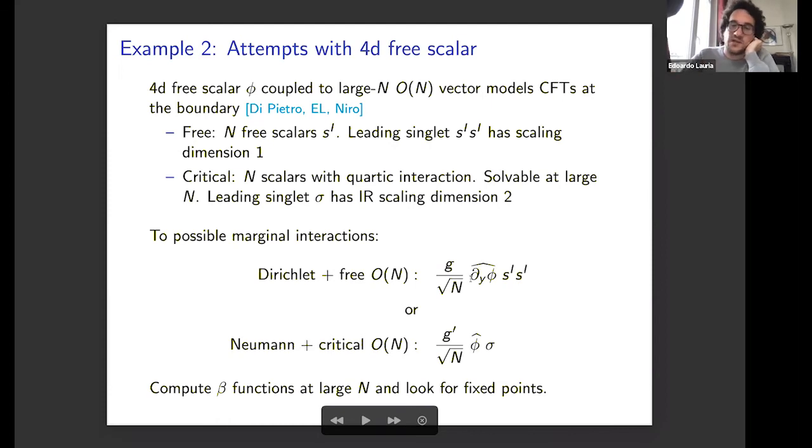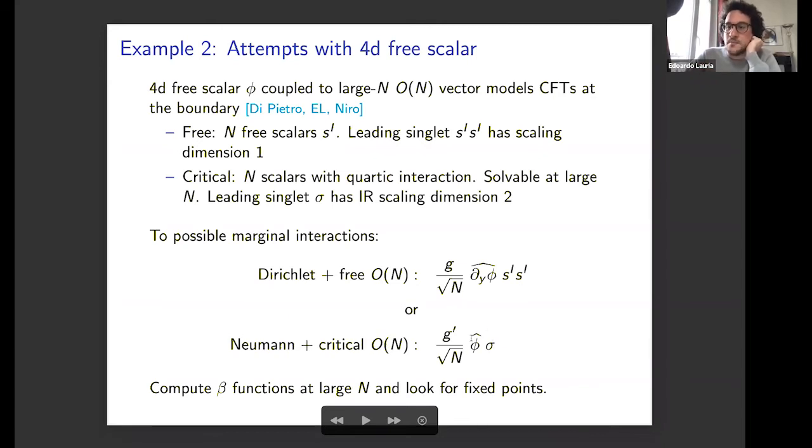This is one possibility. Another possibility is to take Neumann boundary conditions and couple these Neumann boundary conditions to the critical O(N) vector model. How? By writing down some coupling of this form. Neumann boundary conditions means that as you push phi to the boundary, there is an operator phi hat of dimension 1, and sigma is available in the critical O(N) vector model, and it has dimension 2.